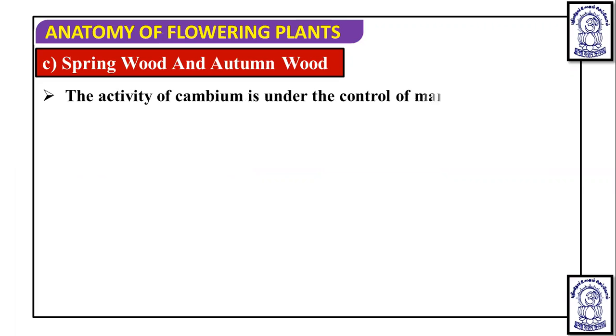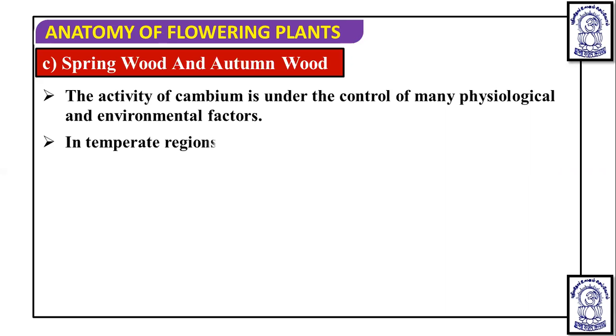Here we are going to discuss the activity of cambium and how spring wood and autumn wood are differentiated. Dear students, the activity of cambium is under the control of many physiological and environmental factors. Cambium divides and adds cells on the inner side as well as the outer side, under the control of these factors.